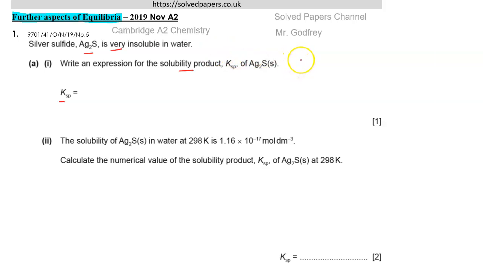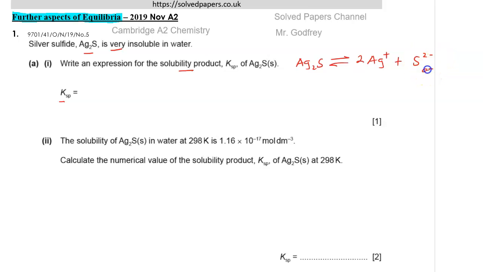So silver sulfide, which is insoluble in water, when it dissolves will be a reversible reaction. When it dissolves, you get 2 ions of silver plus 1 ion of sulfide.